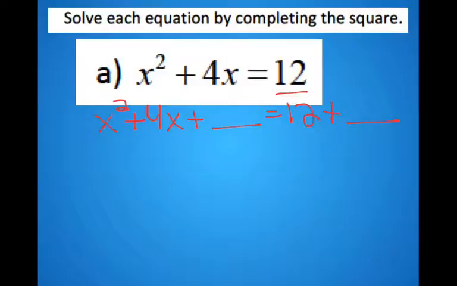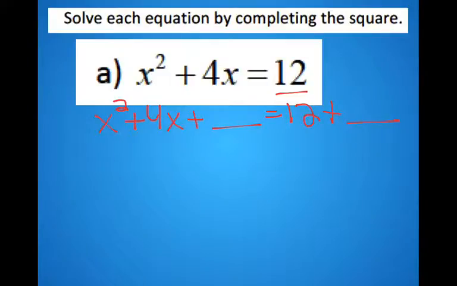Now that magic c is the number that we put in this blank that creates a perfect square trinomial on the left hand side. The reason why that's so nice is because it factors amazingly well once it's a perfect square trinomial. So there's a technique for figuring out what number to add.